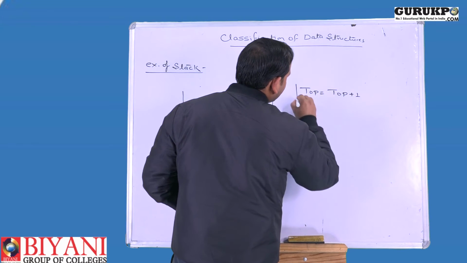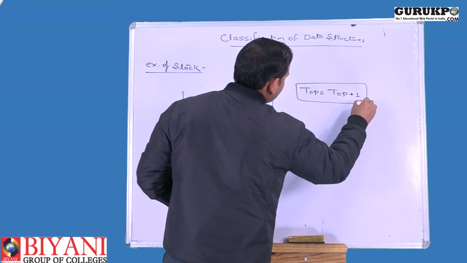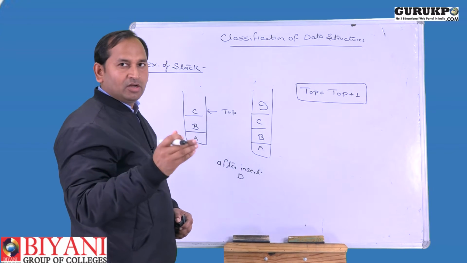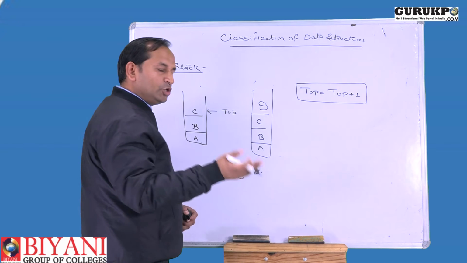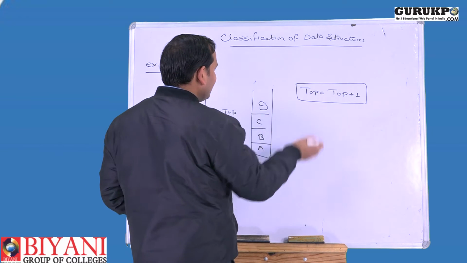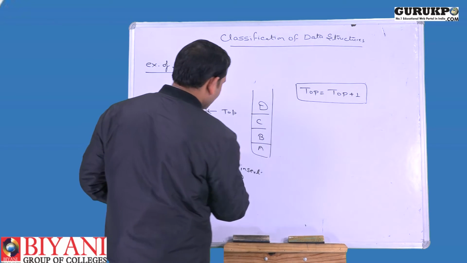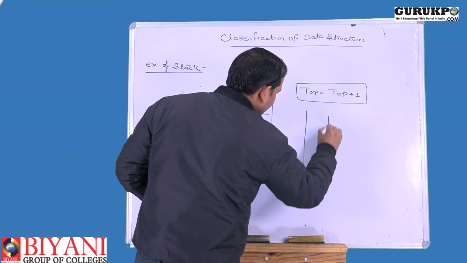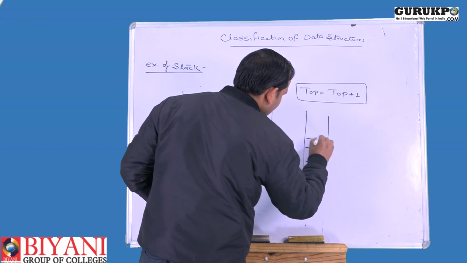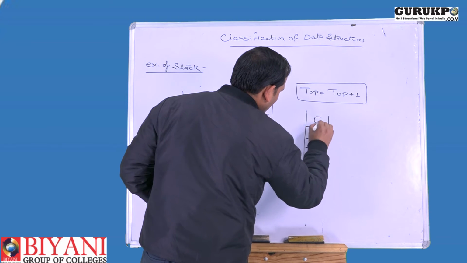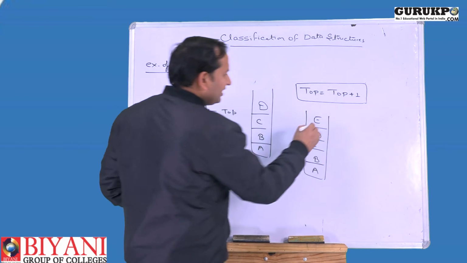This is the logical equation. Each time when we insert a new element onto the stack, top is increased by 1. Suppose we have to insert new element E, it will be inserted after D. So, top will be here.